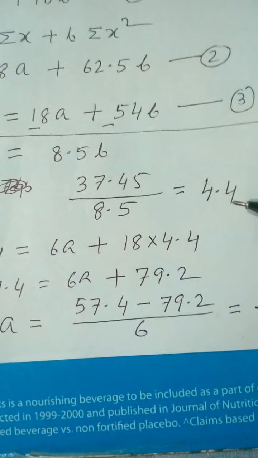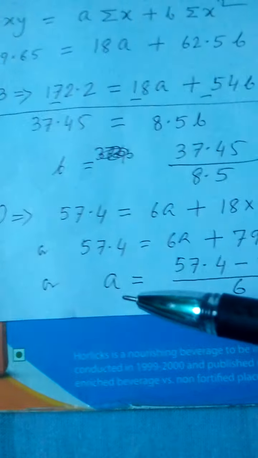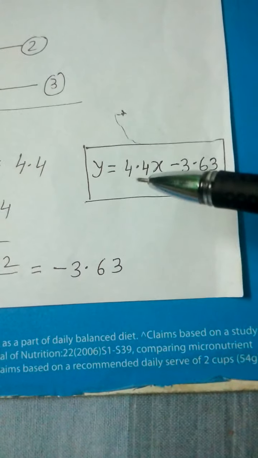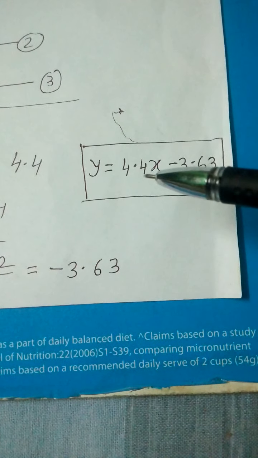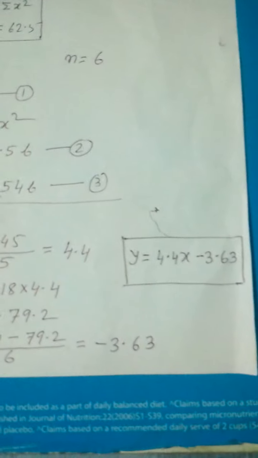B we have found out, it is 4.4, and A is minus 3.63. So the equation is y is equal to 4.4x minus 3.63. So this is the answer.